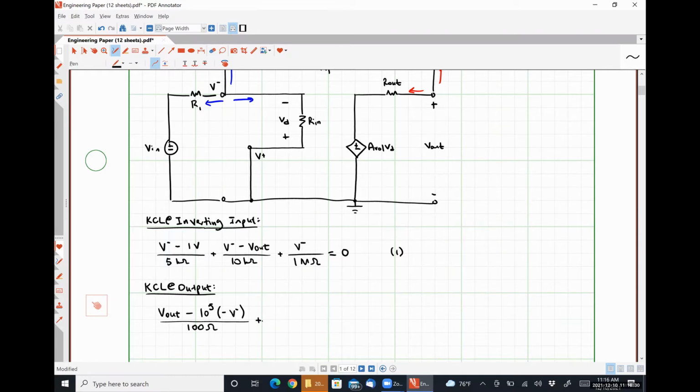And then we're going to have the current flowing through our feedback resistor from right to left, which should be V out minus V minus, divided by 10 kilo ohms, is equal to 0. There's our second equation, and we should now be able to solve and determine V minus and V out.